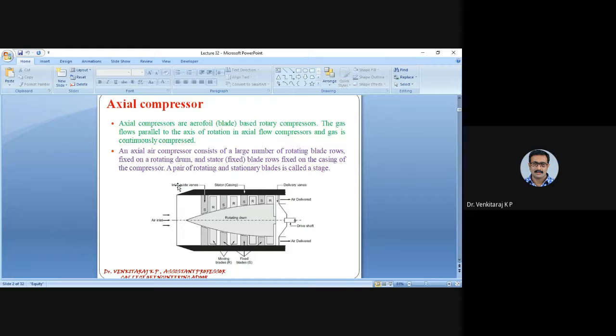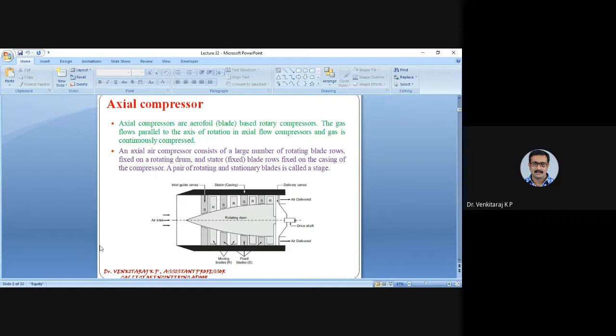When we discussed centrifugal compressors, we did not talk about multi-staging. But for the axial compressor, we can say that it is a multi-stage type. Multi-staging means a series of stages, each a stator blade and rotor blade combination, with stator and rotor blades fixed on the rotating drum and the casing.